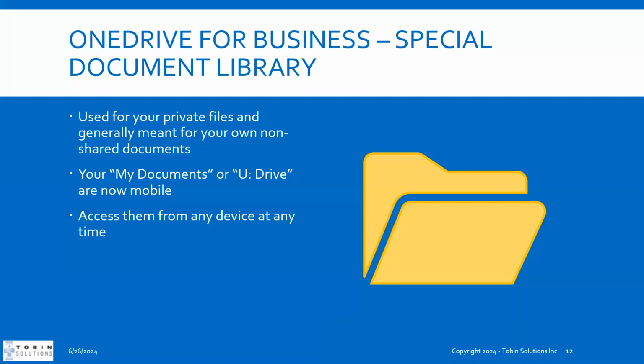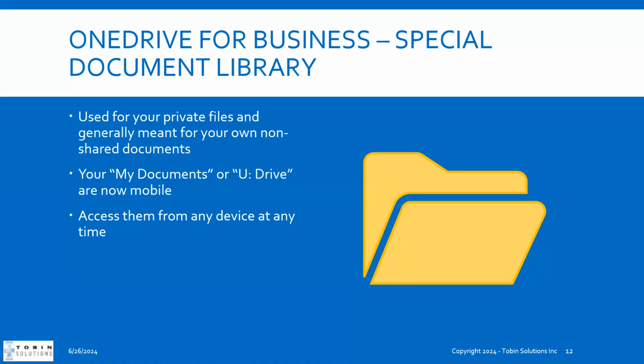One of the things that gets confusing for people is the difference between OneDrive and SharePoint. I like to kind of continue the metaphor from your server, right? In your server, you had like your P drive or whatever, which was the shared drive that everybody used, and then you had your own U drive or something like that that was just kind of your personal stuff.